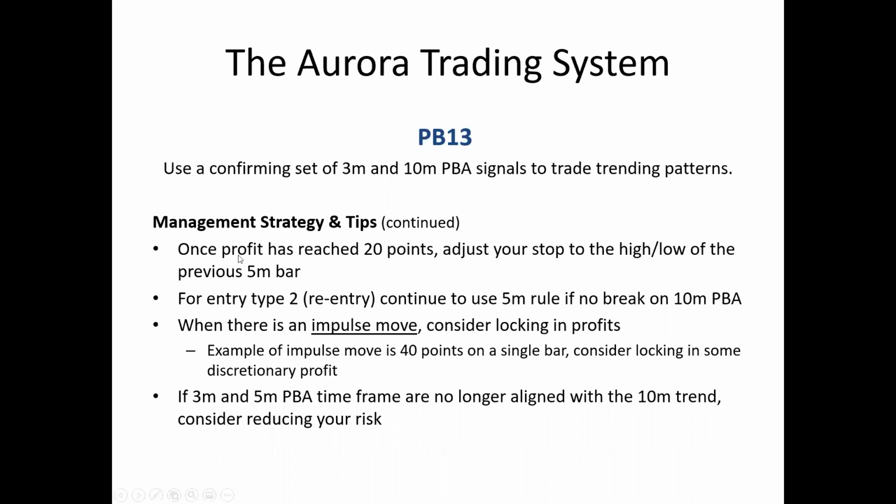Once the profit off of the bar open has reached 20 points, that's our line in the sand. Once it's reached 20 points, we are going to adjust our stop, which is defaulting initially to 30 points. We're going to adjust our stop to the high or low of the previous 5-minute bar. So the 5-minute chart is being used when we're trading and managing a PB13.